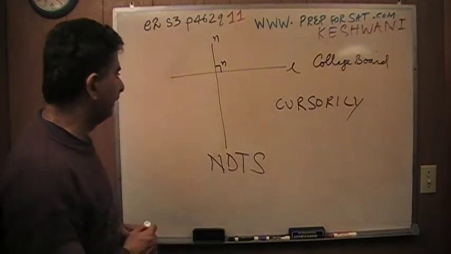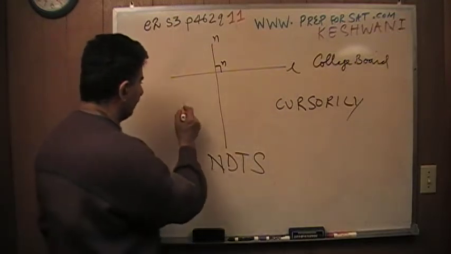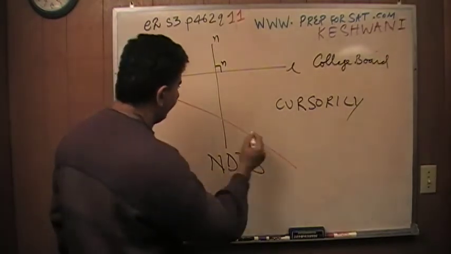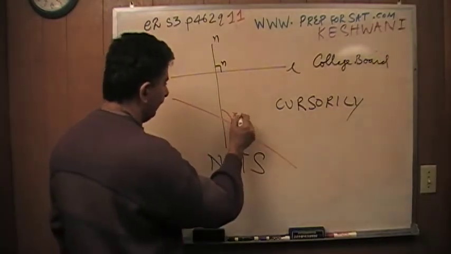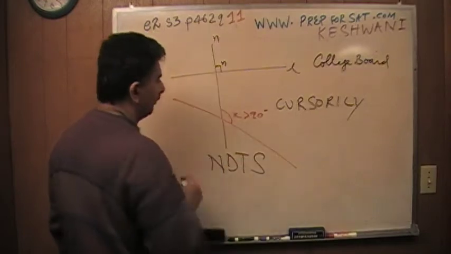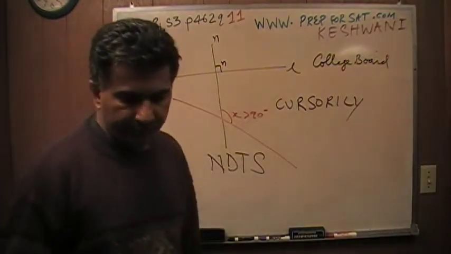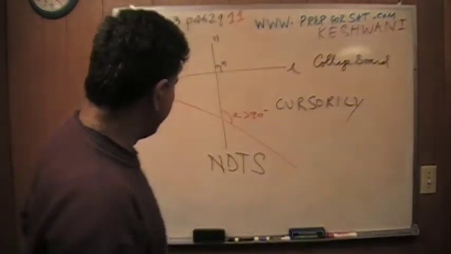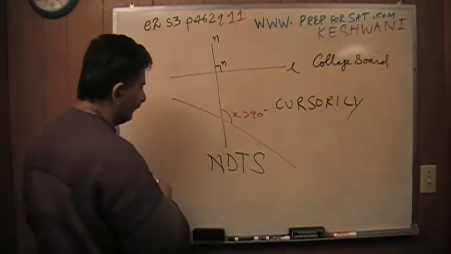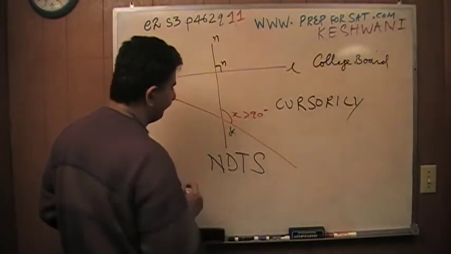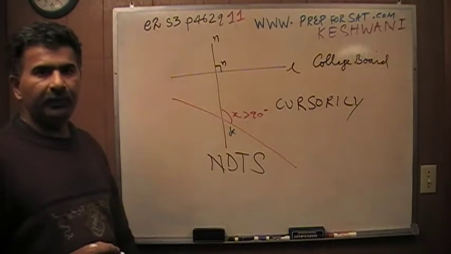So I'm going to draw a line here where X is more than 90. Here we go. There is my X. As you can see, it's clearly more than 90. And here's your Y. What can you tell me about Y? It's pretty straightforward.